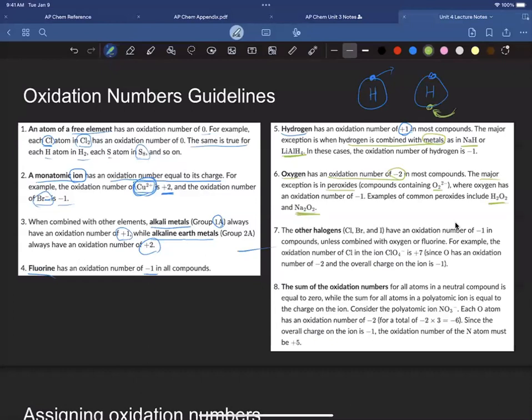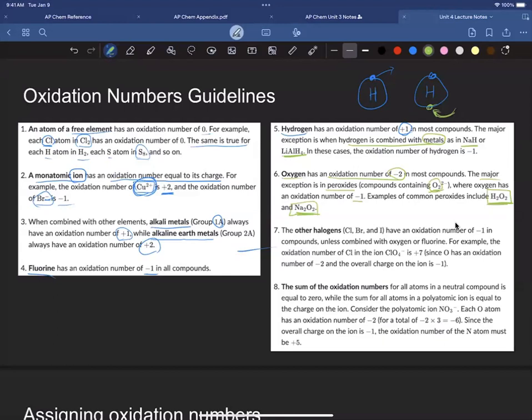In these cases, oxygen has an oxidation number of -1. Usually, these are the only examples of peroxides that would come out on the AP exam. Usually it's just H2O2, but just know that there are some exceptions, and it's when there is an O2 2- unit.